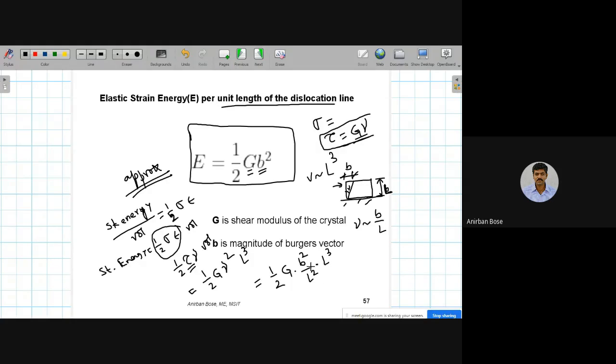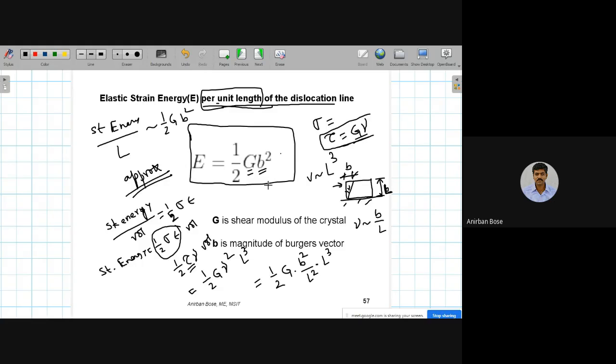You can see that this expression will simplify: L cube by L square is L. So the strain energy is equal to half G B square into L. Per unit length, if you divide this by L, it is in the order of half G B square. This is just to give you an idea of where this has been established from.